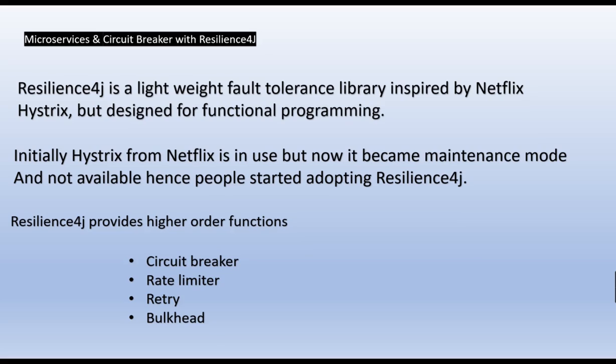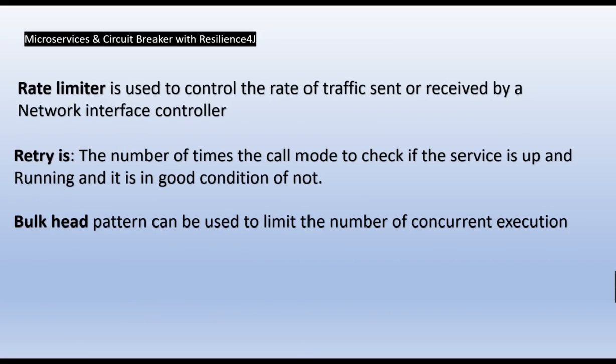Resilience4J has four functions, like a circuit breaker. By default it provides a circuit breaker, and we can say circuit breaker is nothing but Resilience4J. For achieving circuit breaker functionality, we must use Resilience4J, and the other functions are rate limiter, retry, and bulkhead.